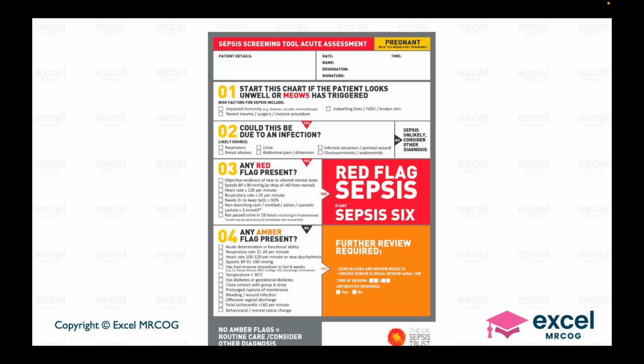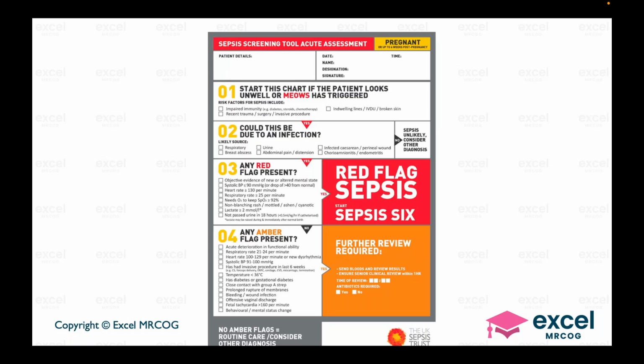So that's important. So if you think it is sepsis, next check whether there are red flags or if there are any amber flags. Okay, if there are red flags, you will start the sepsis 6 bundle. So immediately think of sepsis. You don't really have to diagnose sepsis by proving that it is an infection. No, you just need to have your red flags.